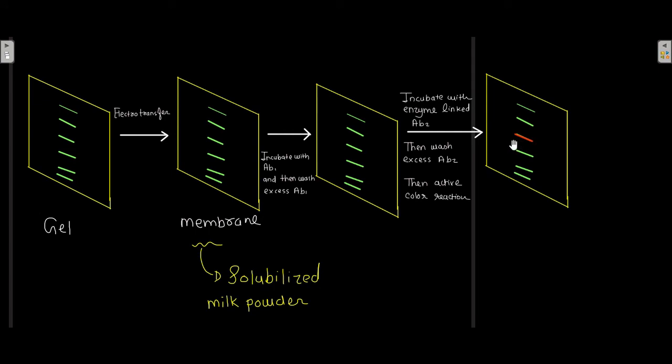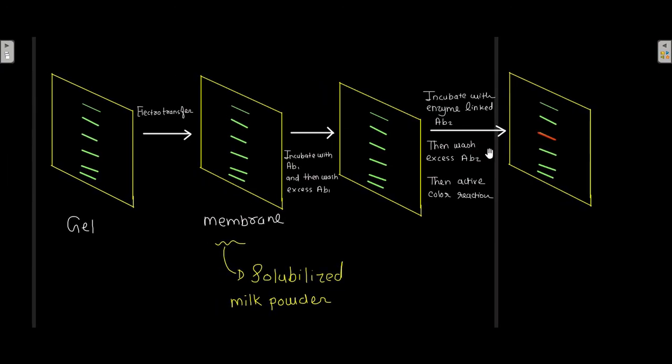So this is the target protein to which AB1 has bound, and it is showing color because AB2 has bound to that AB1, giving color in the presence of a particular substrate. So this is how immunoblotting works.